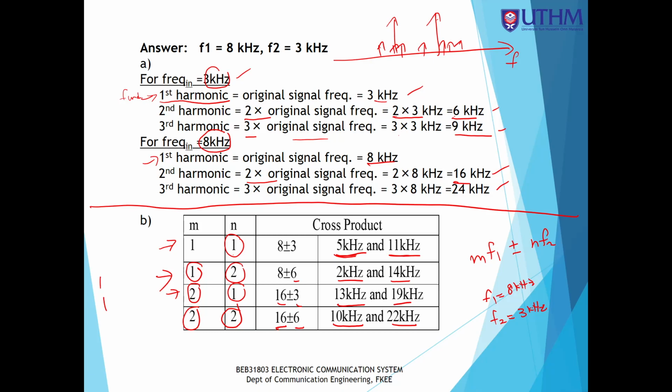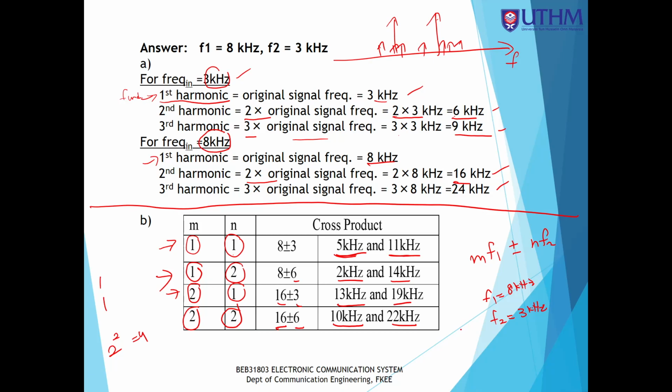Because if you have two combinations, they are going to be 2 to the power of 2, which is 4 combinations. So 1 and 1, 1 and 2, 2 and 1, 2 and 2. You start with the lower value, 1 and 1, 1 and 2, and then if you have 3, 1 until 1 and 3, something like that.